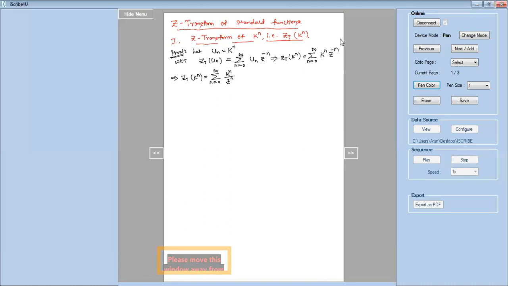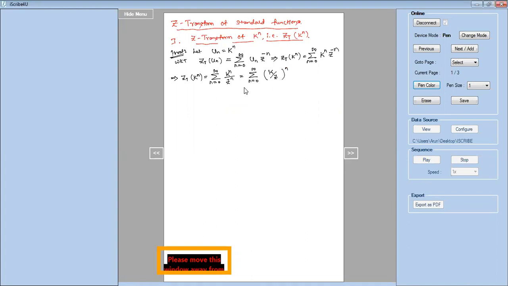Correct? So I can bring this to the denominator, 1 by z power n, so that I can combine these two and we can write this as sigma n is equal to 0 to infinity, k divided by z whole raised to the power of n. Let us combine k by z whole power n.